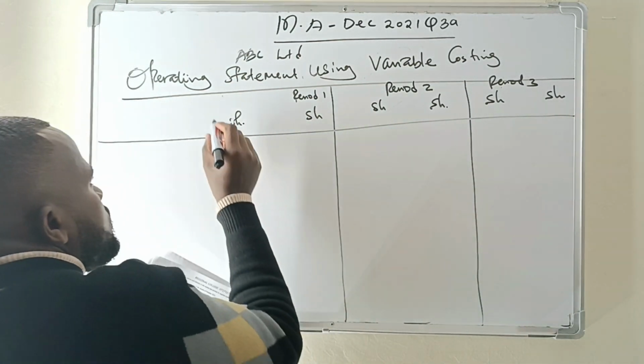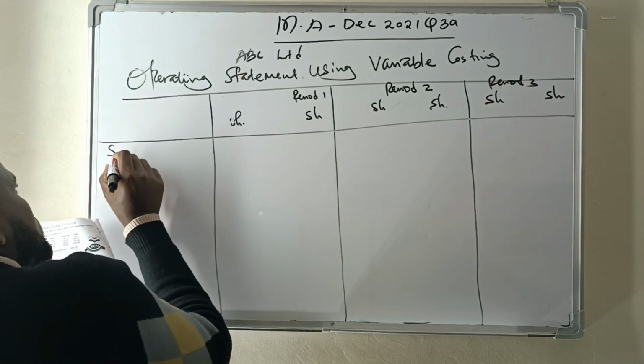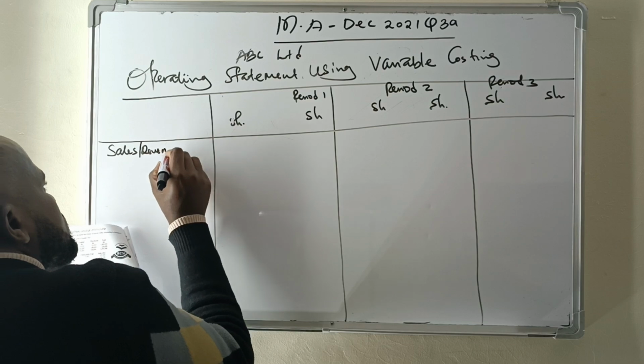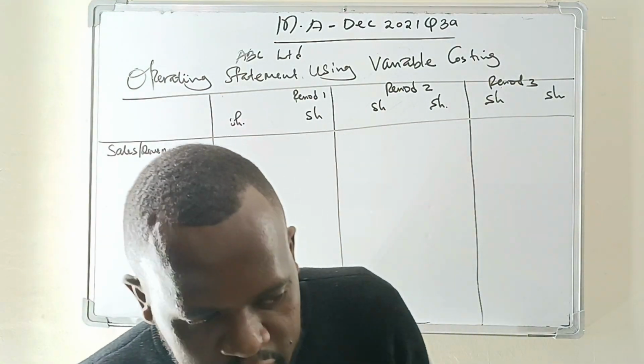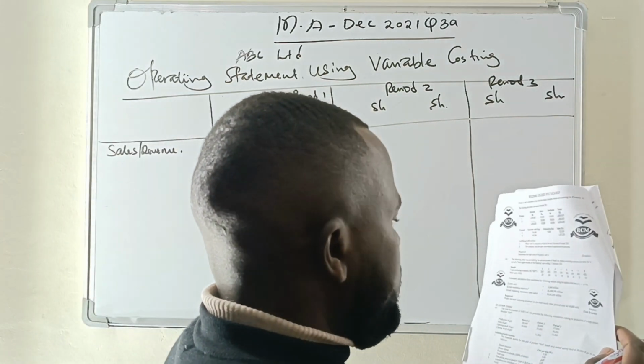In this case, you need to start with the sales for the period, because it's an income statement, sales or the revenue. So you need to determine the revenue. How many units were sold in period 1?